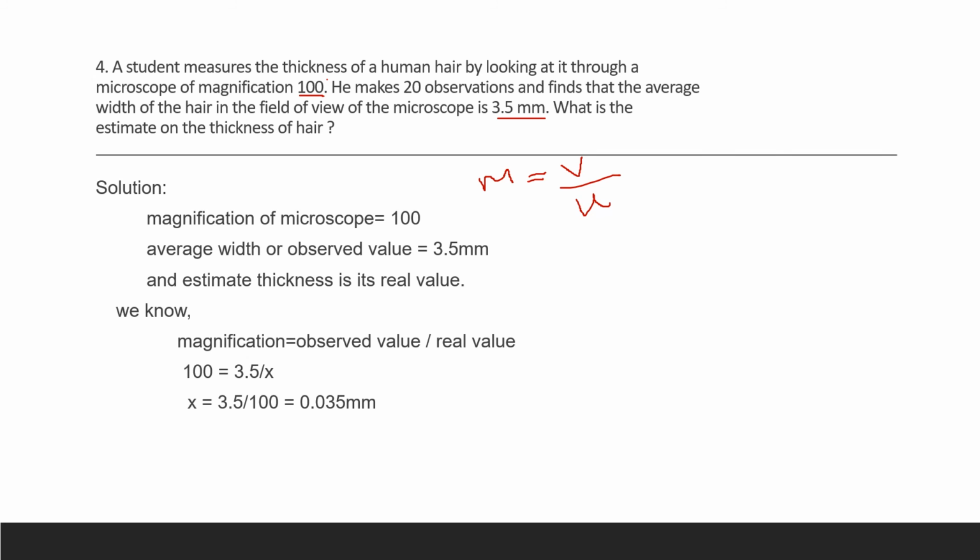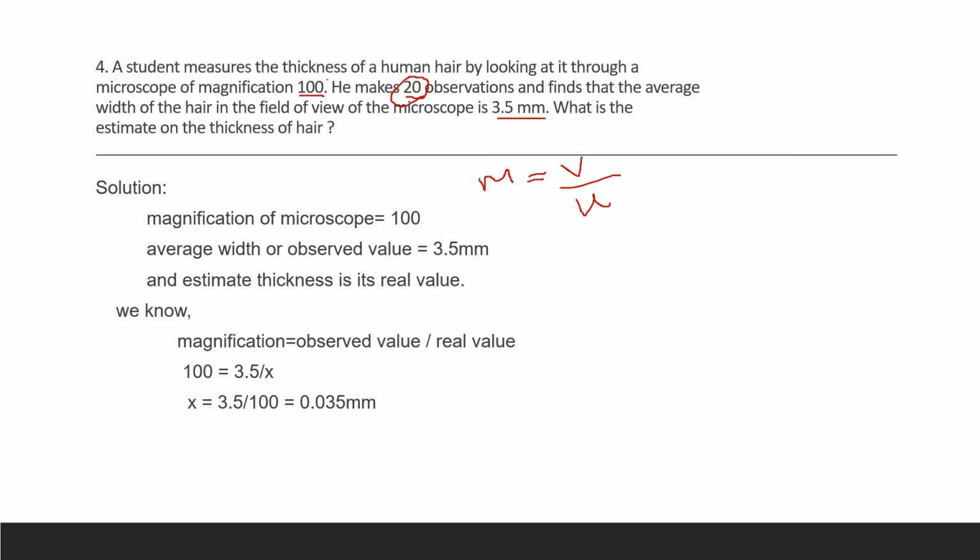Here the magnification is 100 for the microscope, and during practicals we take many readings of one thing, isn't it? So here for a human hair, the student has taken 20 observations, and the average is taken as 3.5 millimeter.